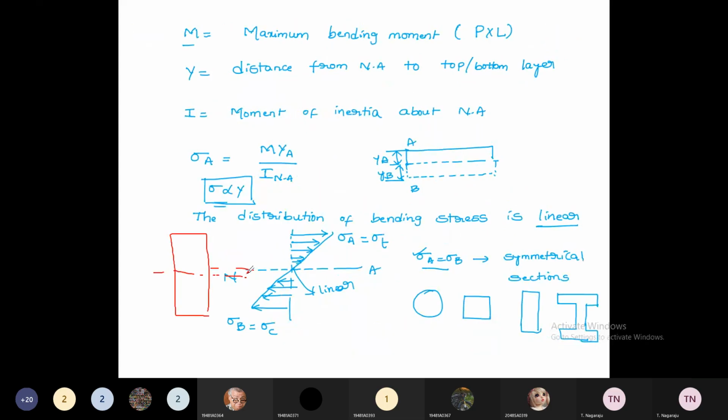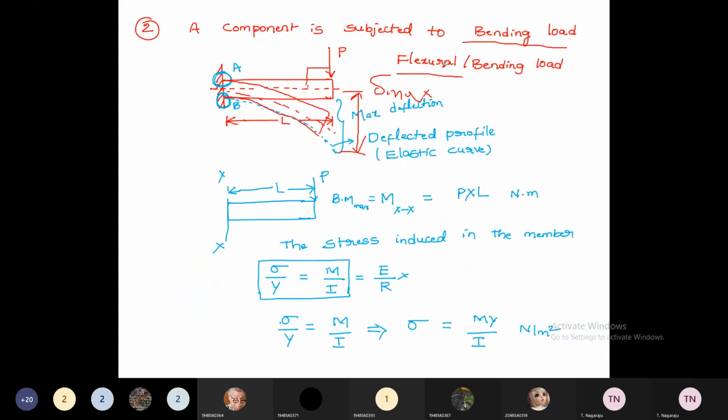If you observe the distribution, at the top side, at the extreme fiber, the stress is maximum tension, and at the neutral axis the stress is zero. In the other direction, the stress value increases and reaches the maximum at its extreme end. This is the bending stress distribution over its cross section. So the stress values vary along its cross section. That's why these stresses are called flexural stresses.